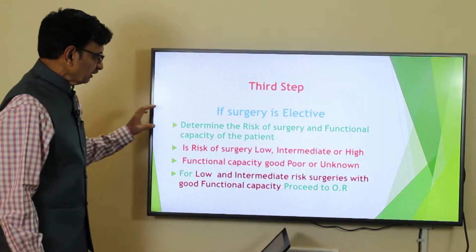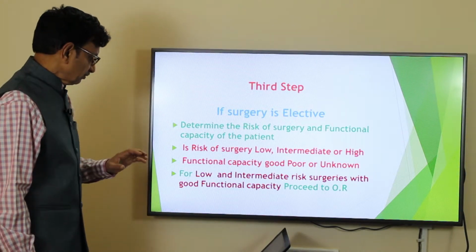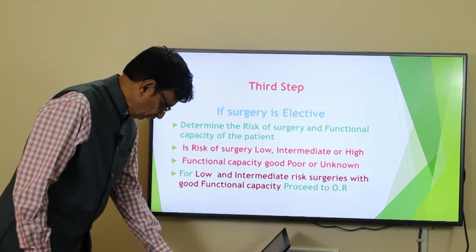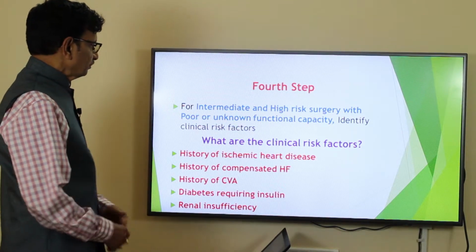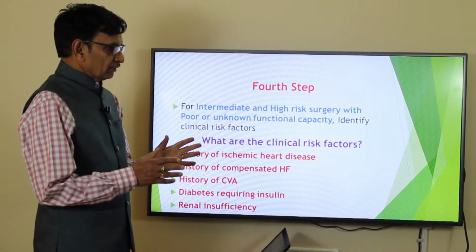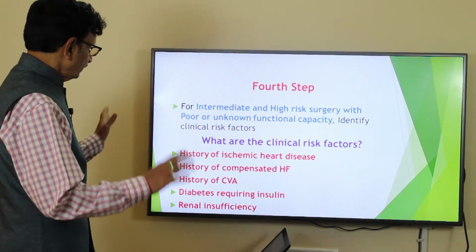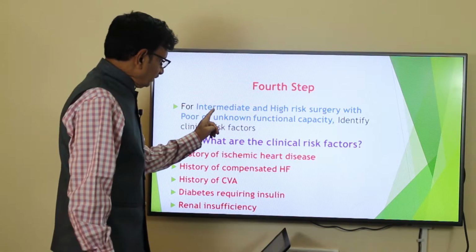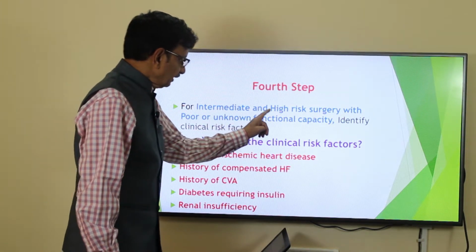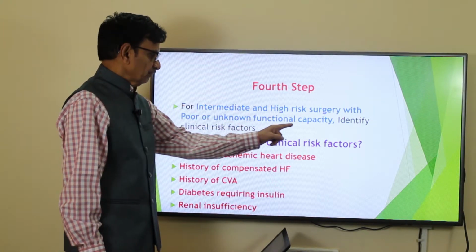Now that's the reason you have to know the type of surgery, the risk of surgery, and the functional capacity of the patient. You have to put these things together. Now, next step is, for low-risk surgeries and intermediate risk surgeries, if the functional capacity is good, you take the patient to the operating room. Now, intermediate risk surgeries and high-risk surgeries with poor or unknown functional capacity.